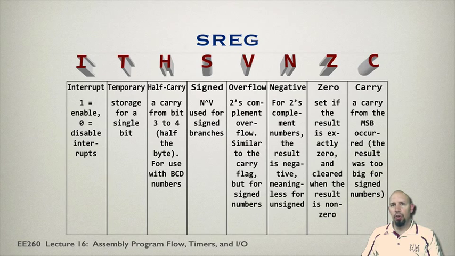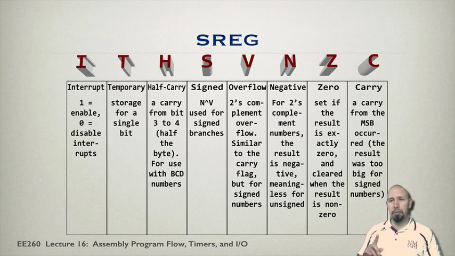It's a very crucial register. The I bit here is for interrupt enable or disable, 1 if enabled, 0 if it's disabled. T is a temporary storage bit for just a single bit. If you have a bit you don't know what to do with, you can stick it in the T bit in the status register, and then you can grab that bit later. The bit could be 0 or 1, depending on what you want it to be.